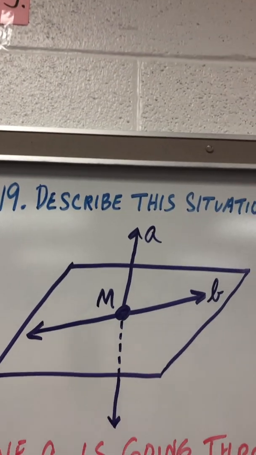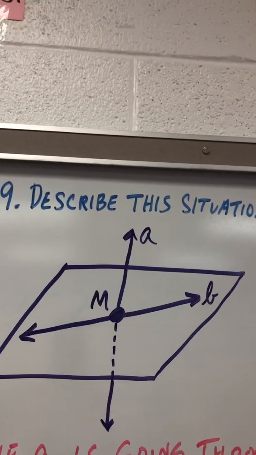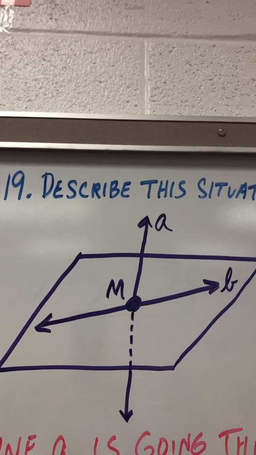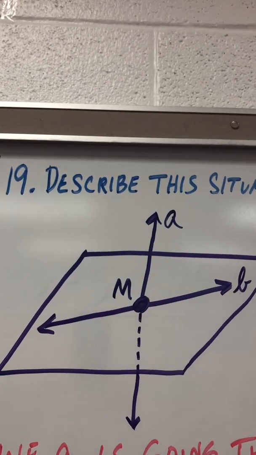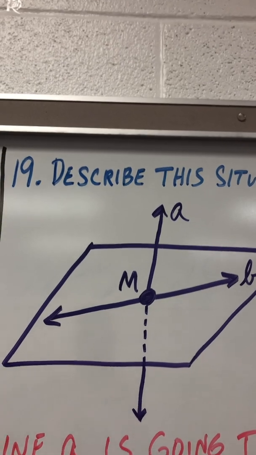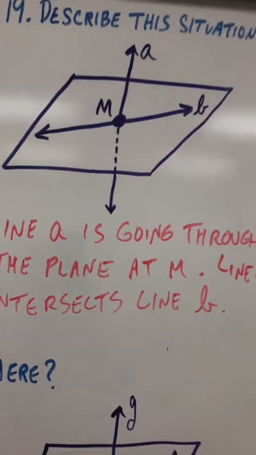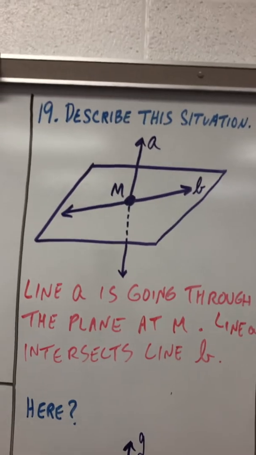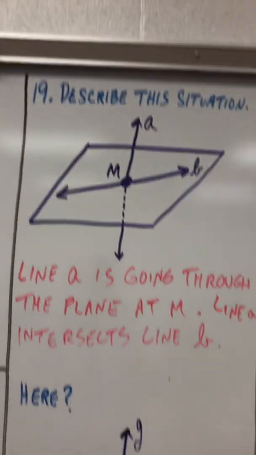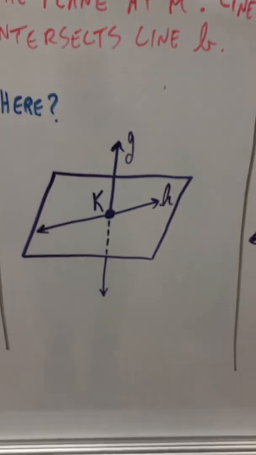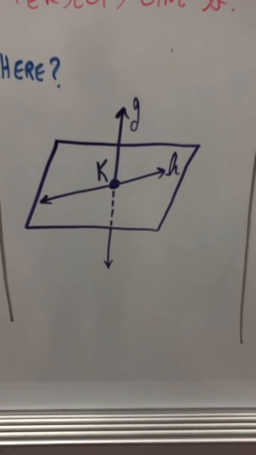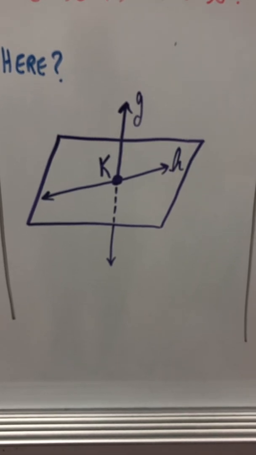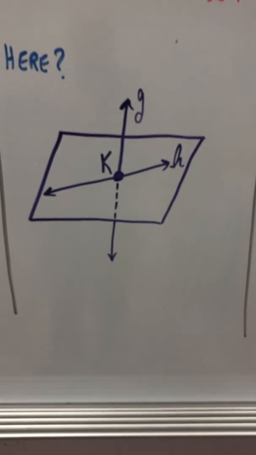This is line N going through the plane, intersecting line B at point M. Line A is going through the plane at M. Line A intersects line B. Here, line G is going through the plane, intersecting line H at K.